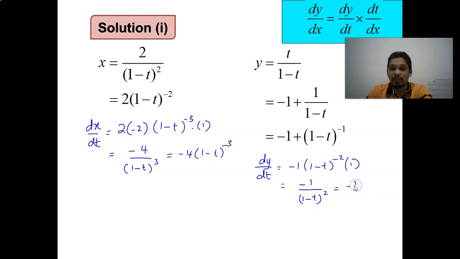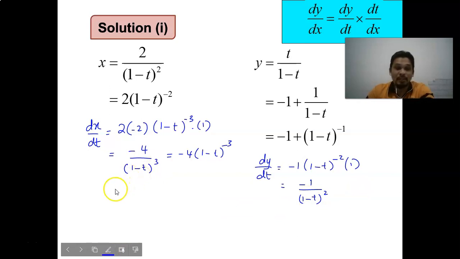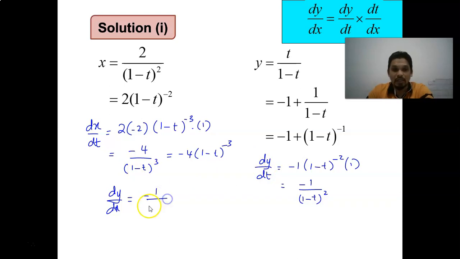Actually, this is 1 here. Now dy/dx equals dy/dt, which is negative 1 divided by (1 minus t) squared, multiplied with dt/dx.